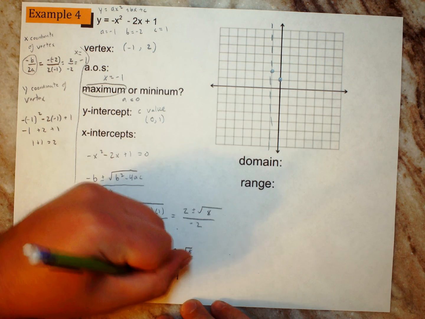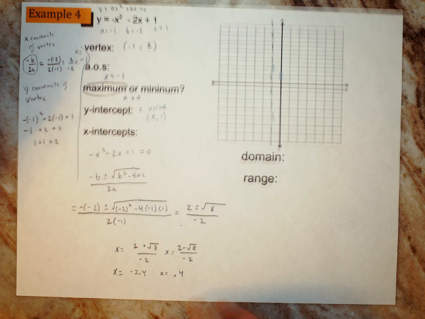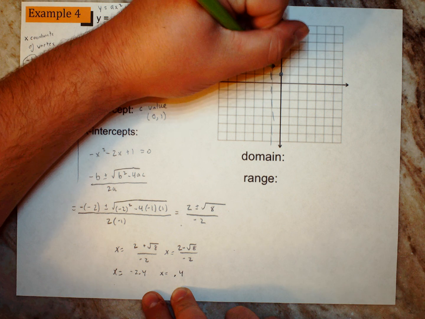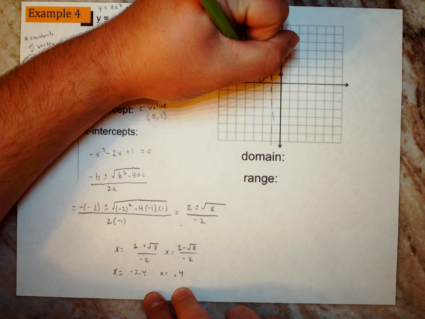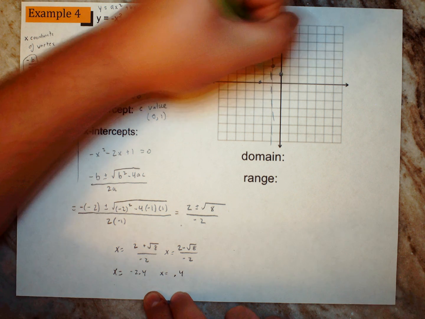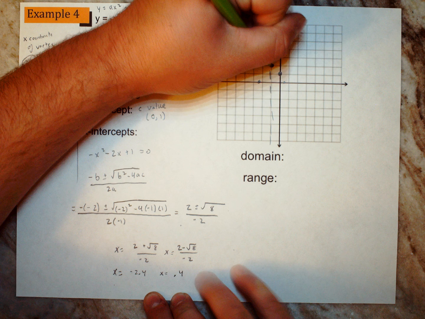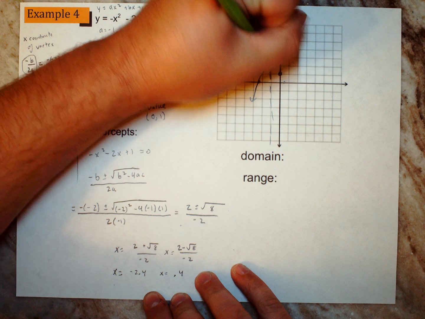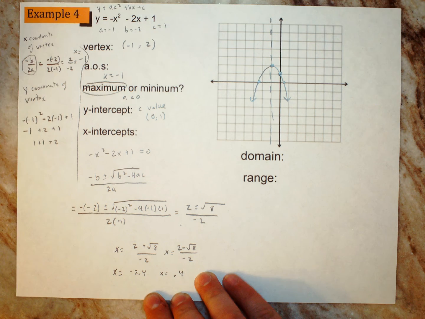So these are your two x-intercepts. So you just kind of estimate. So -2.4 is going to be like here, and 0.4 is going to be like here. And there is your parabola.